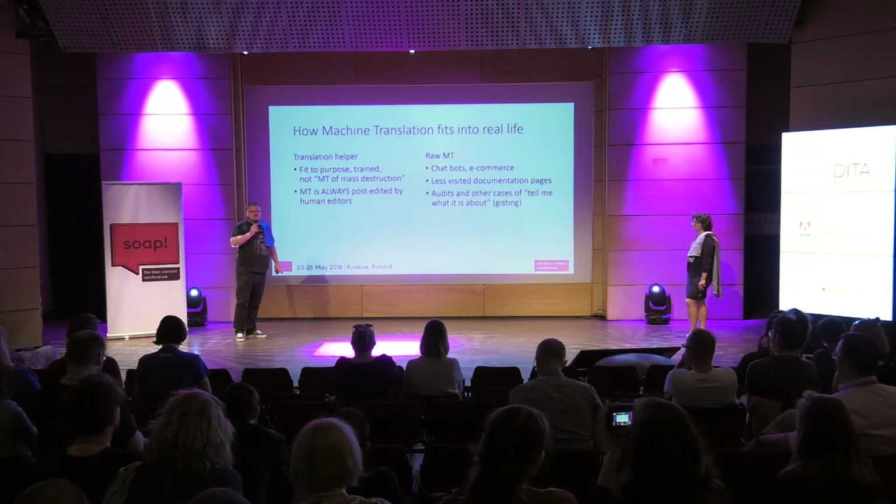But all these contracts were in Korean, and they had no idea what was inside. They had no idea how to decide which contract was the most important one out of 150 that they had on the table. So again, raw MT can do the gisting, and that's what we do in real life with Google Translate, when we want to know what something is about. We don't need a very detailed, very exact, very accurate translation.